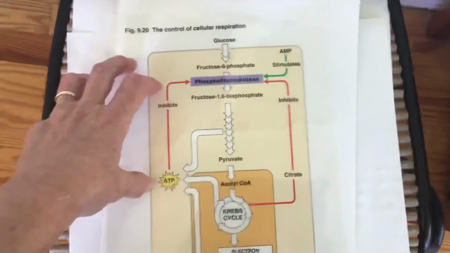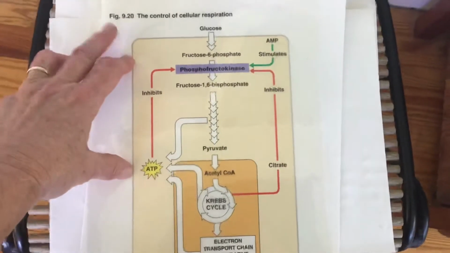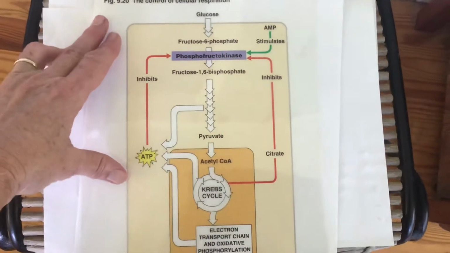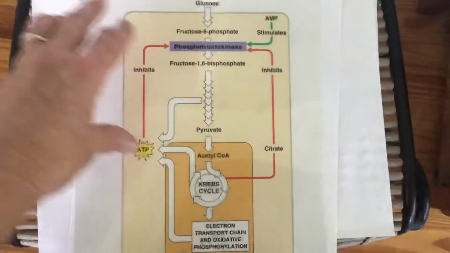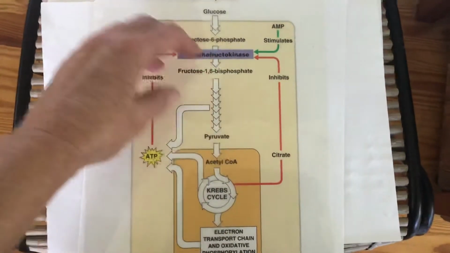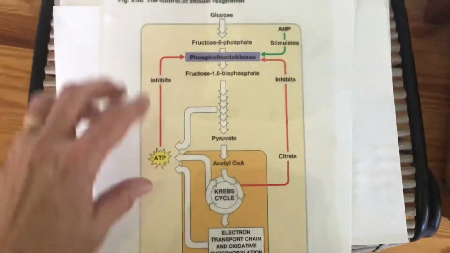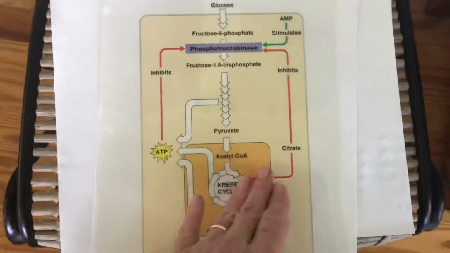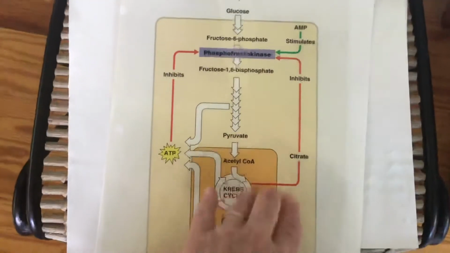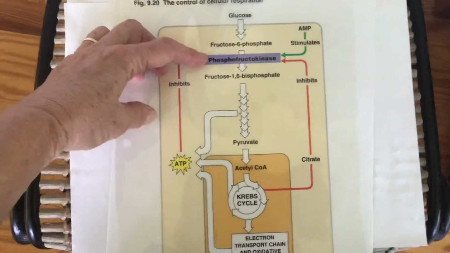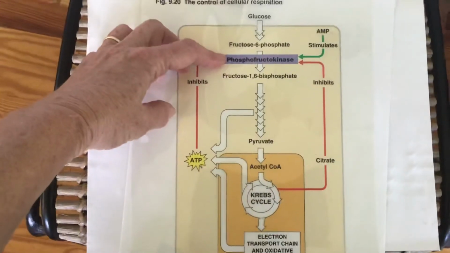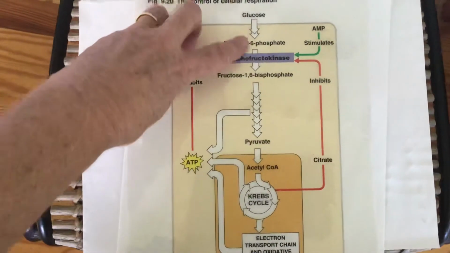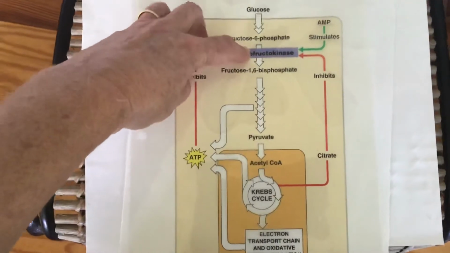Negative feedback loop is a control factor for particular processes, and in this case, this enzyme called phosphofructokinase is our control enzyme. So what happens is ATP, or even citrate, which you remember is the first stable compound in the Krebs cycle, can turn off, or allosterically inhibit, phosphofructokinase, which is at the beginning of the glycolysis sequence.